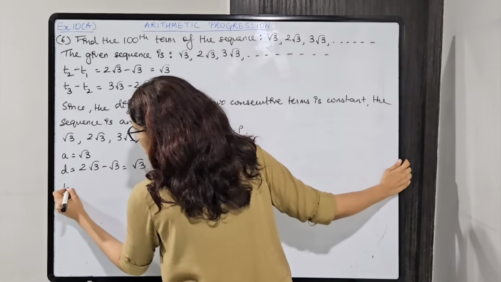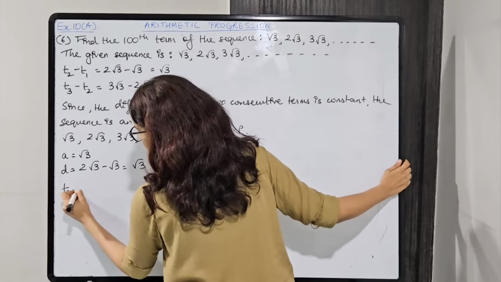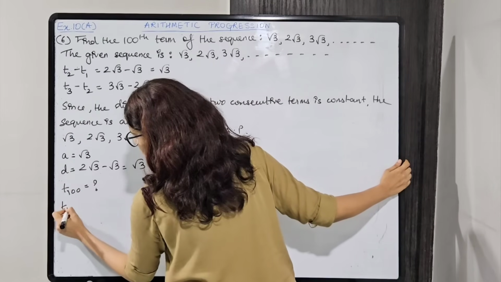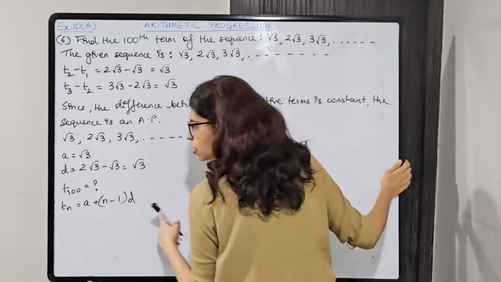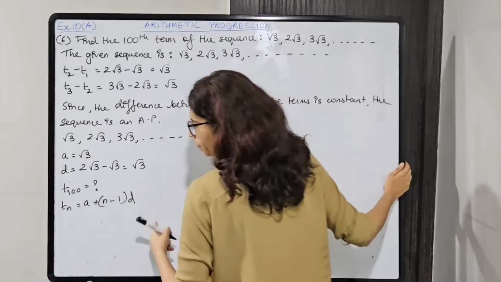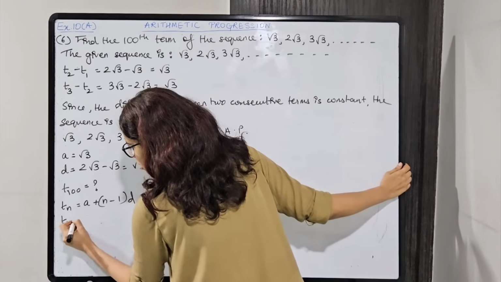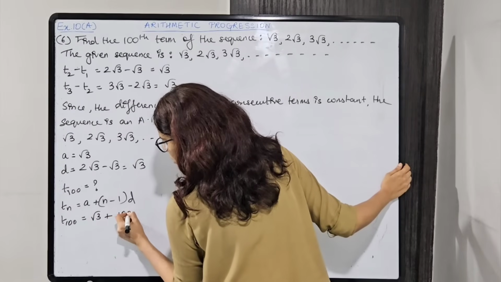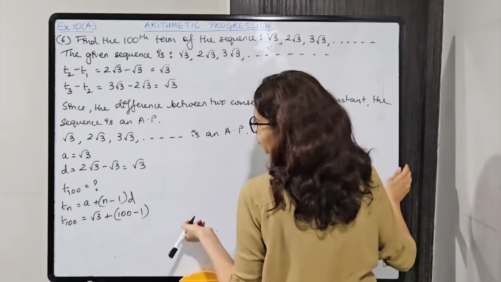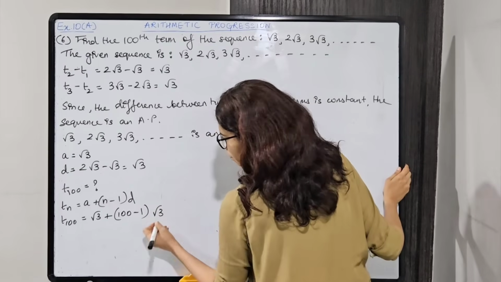So we need to find T100. Tn is A plus n minus 1 D. Always write down the formula first. So T100 is root 3 plus 100 minus 1, n becomes 100, and D is root 3.